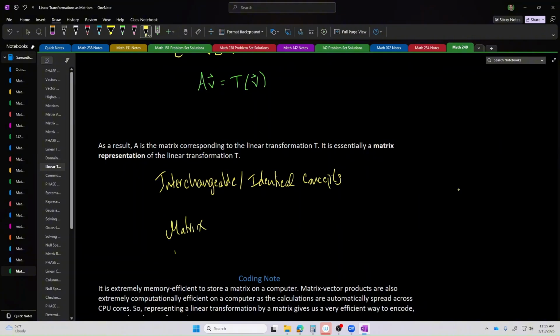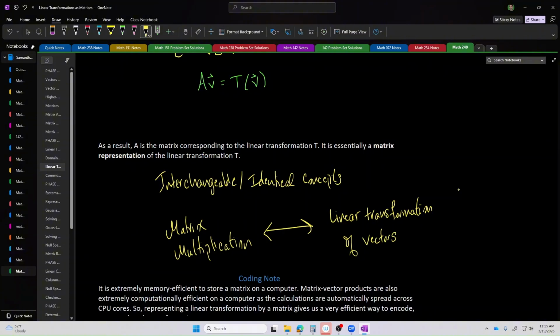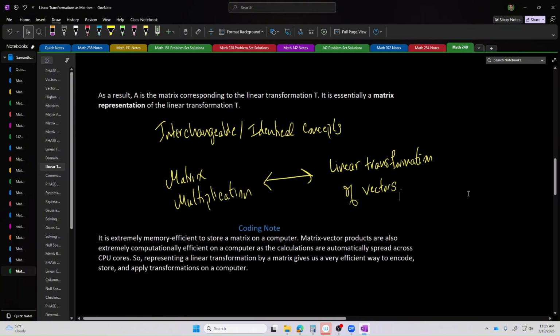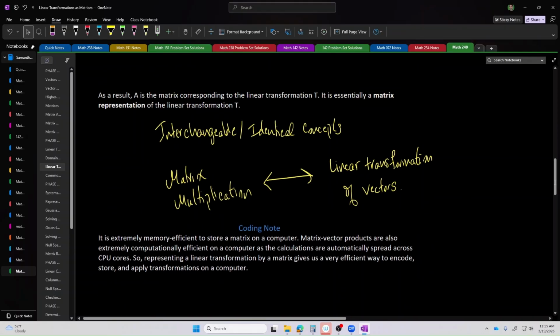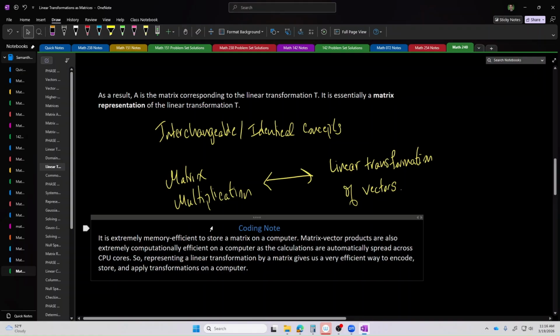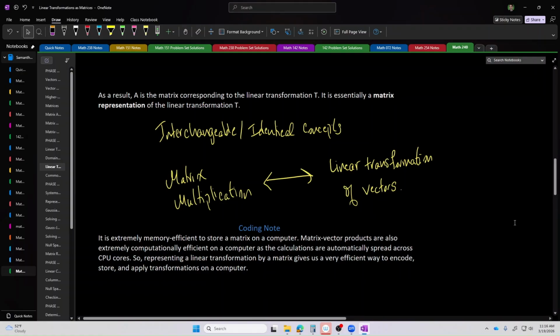Matrix multiplication is, for all intents and purposes, exactly the same thing as a linear transformation of vectors. So once again, this is beautiful because what it means is that no matter what linear transformation you're working with, you can take that linear transformation and encode it and think about it in terms of a matrix and in terms of matrix multiplication.